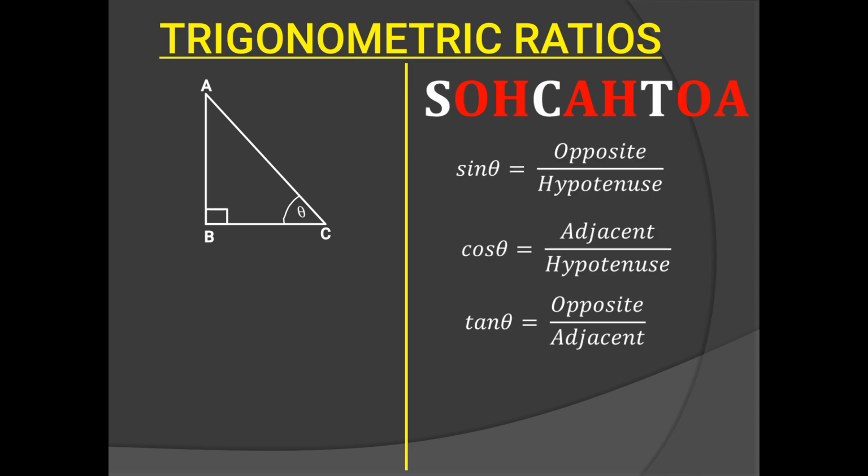Now you've heard of SOHCAHTOA. Your teacher has mentioned that to you. If your teacher hasn't mentioned it, then let's look at it. SOHCAHTOA is just an acronym that we use to remember the trigonometric ratios.